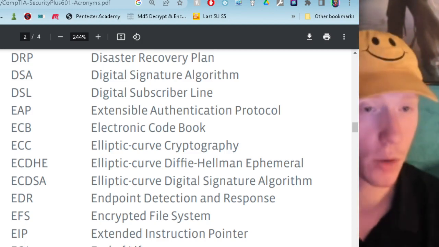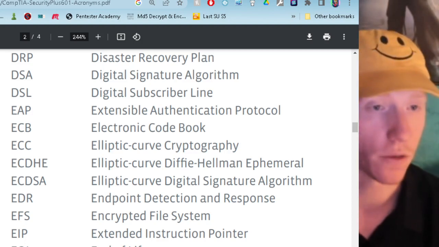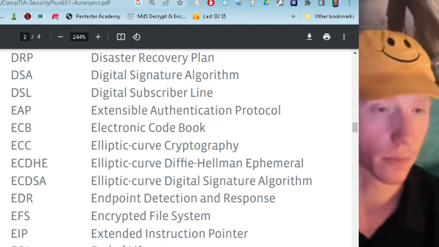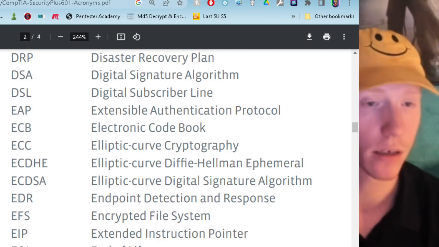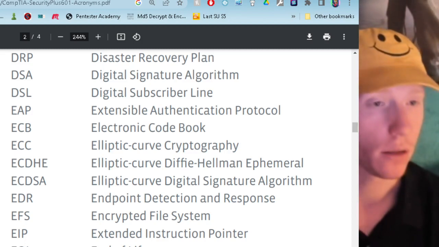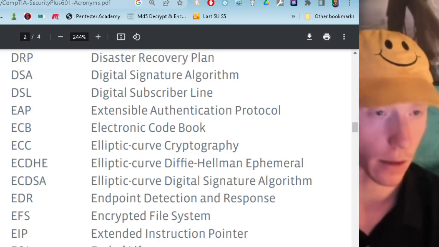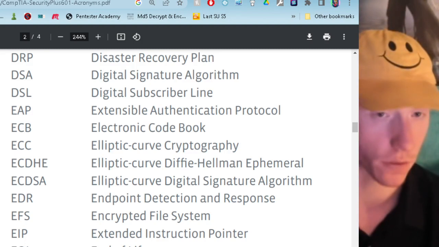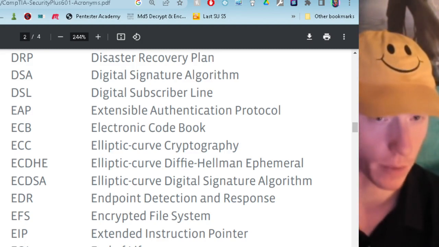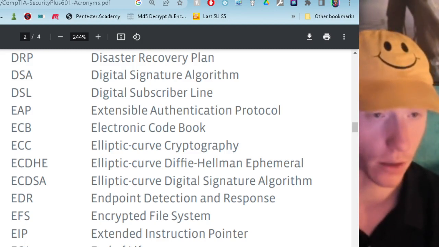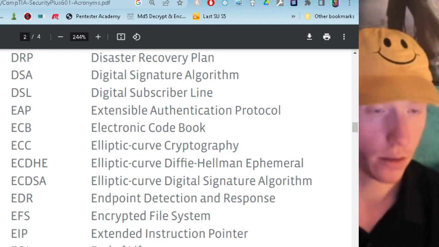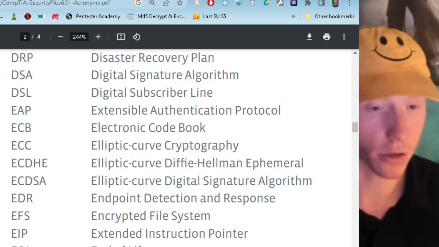EAP, Extensible Authentication Protocol. ECB, Electronic Codebook. ECC, Elliptic Curve Cryptography. ECDHE, Elliptic Curve Diffie-Hellman Ephemeral. ECDSA, Elliptic Curve Digital Signature Algorithm. EDR, Endpoint Detection and Response. EFS, Encrypting File System. EIP, Extended Instruction Pointer.